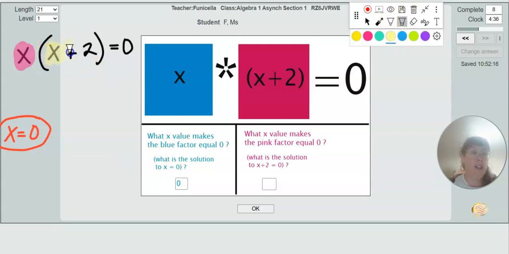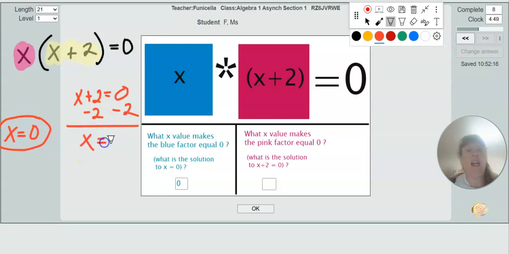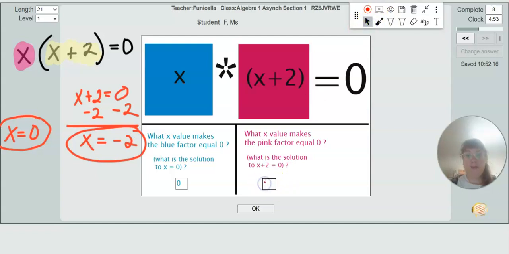Or this x plus 2 could be equal to 0. And to solve this, we'll subtract 2 on both sides, and we get x equals negative 2. So if x is 0 or negative 2, this function will equal 0. Beautiful. Hit OK when you're ready.